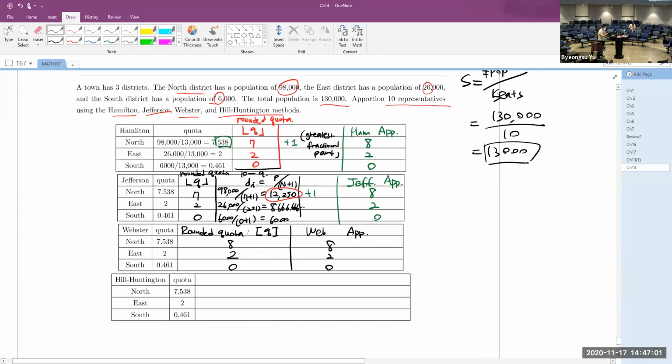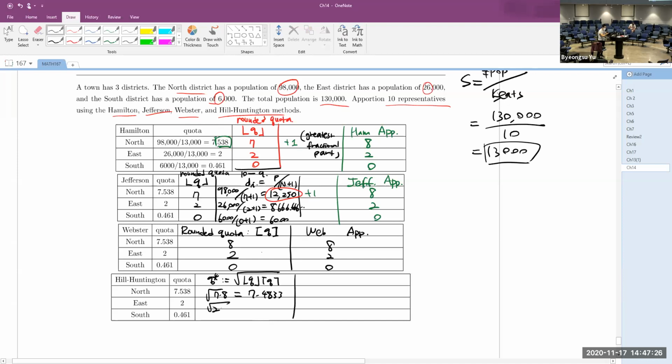And lastly, for the Hill-Huntington method, you need to calculate Q star first, which is just rounding down times rounding up and taking the square root. So first one is 7 times 8 with square root, which is 7.4833 something.